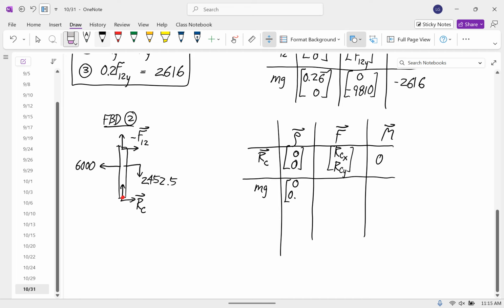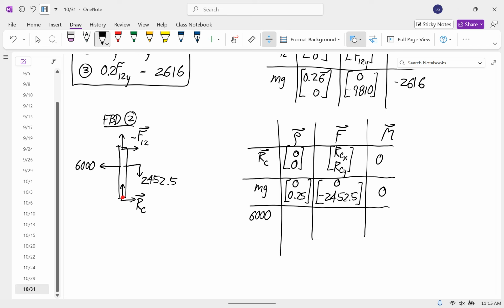Yep. So 0.25. The force is 0, negative 2452.5. Cross product is 0. Then the 6,000 acts at the same point as the weight, so it has the same rho vector. That force is negative 6,000, 0. And so the cross product is 1,500.